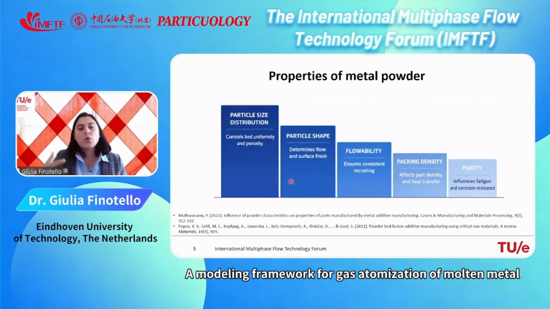The same goes for the purity or the metal composition. If the metal composition has a lot of contaminants, then these can influence both mechanical properties and corrosion resistance and so on. So the properties of metal powder for additive manufacturing are definitely important.